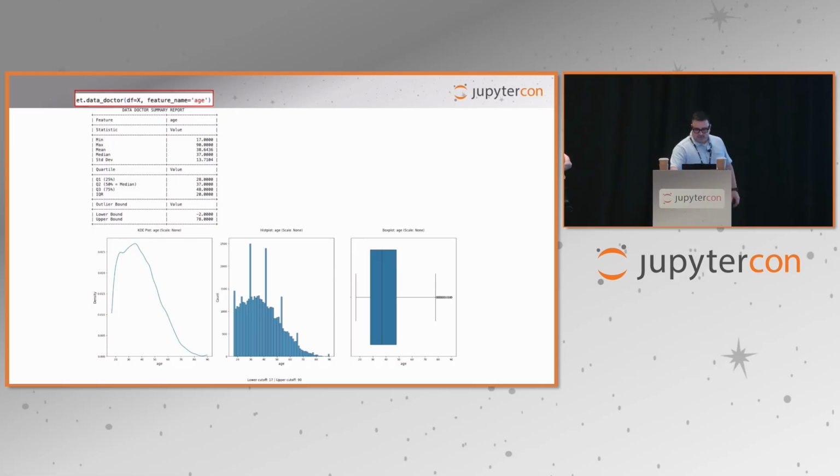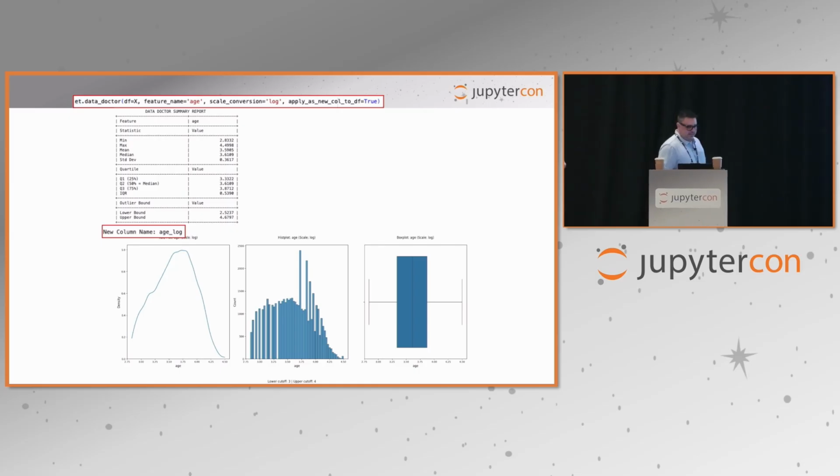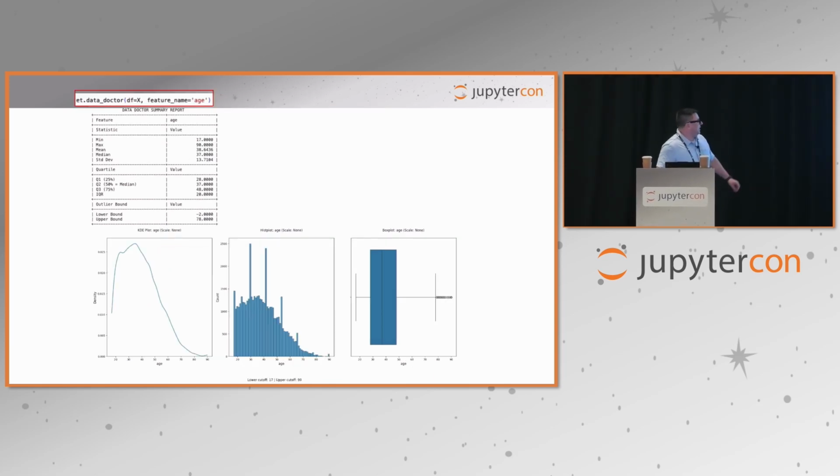The next thing we're going to do here is apply a transformation. As you can see there at the top, we've added a flag of scale conversion equal to log and apply as new column to data frame equal to true. First, let me go back a slide. You can see the shape of our raw data, some outliers there on the box plot.